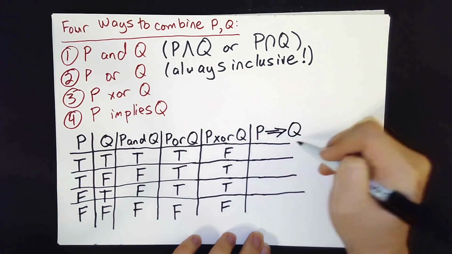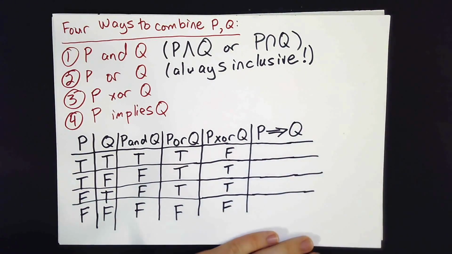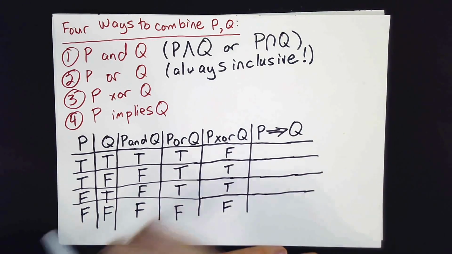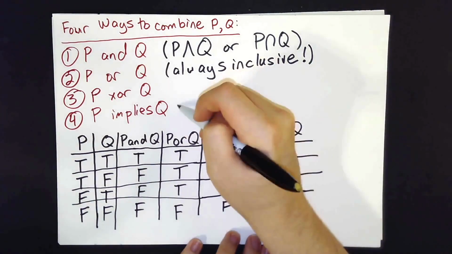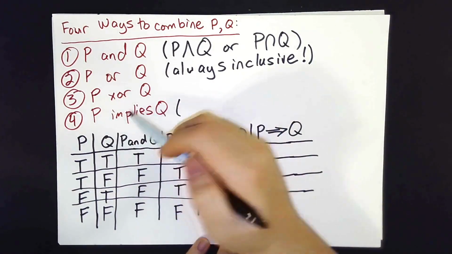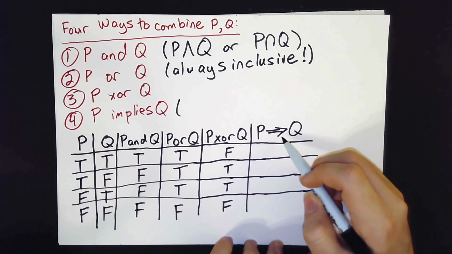This is P implies Q, and implication is really the foundation of all of mathematical reasoning. And as such, there are a lot of different ways to say this same thing. So we can say P implies Q. You'll sometimes see people use this implies arrow, although this will probably be one of the only times you ever see me write it.